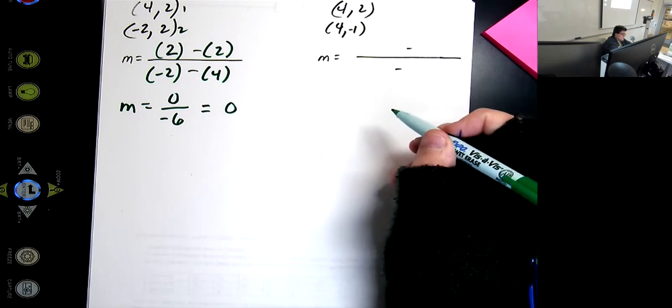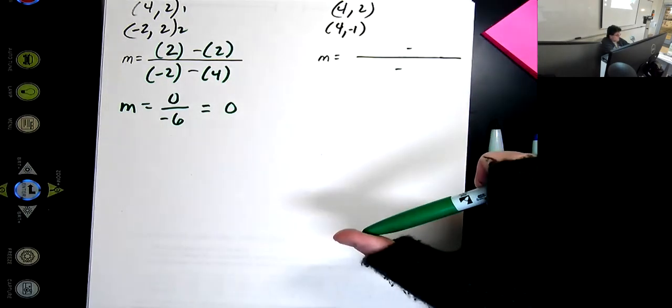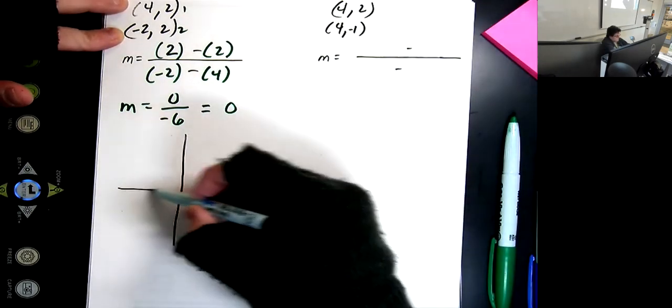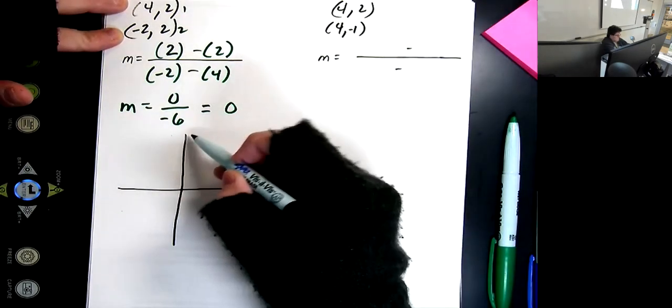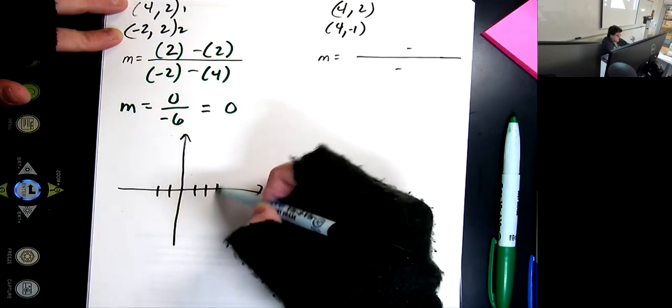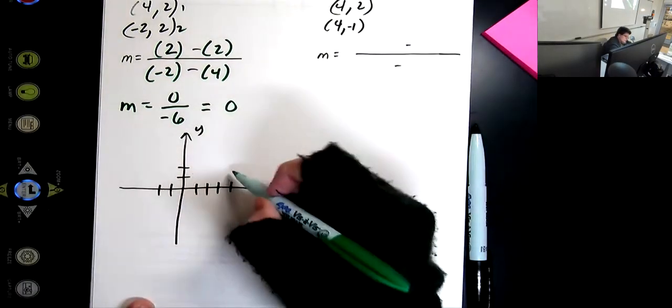That seems unusual. We've had positive slopes, we've had negative slopes. What does m equals 0 mean? Let's plot these points and look at them. -4, 2 is over here.